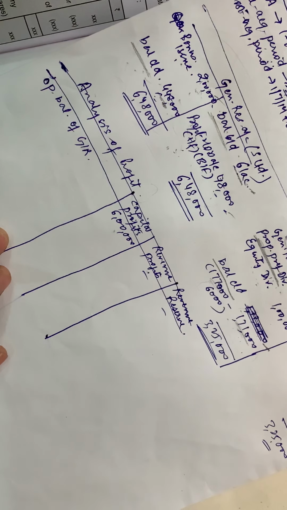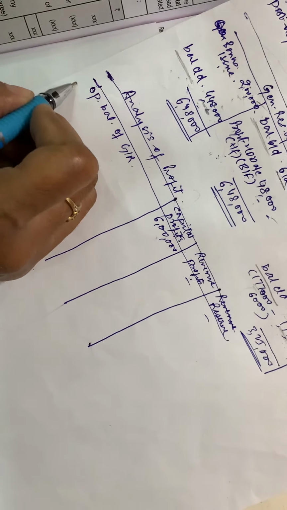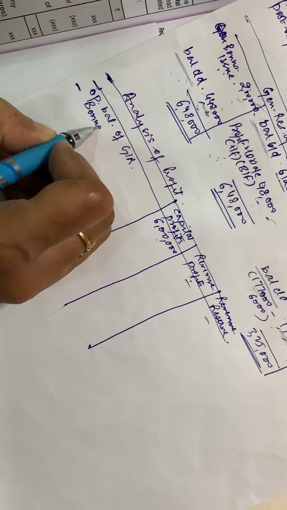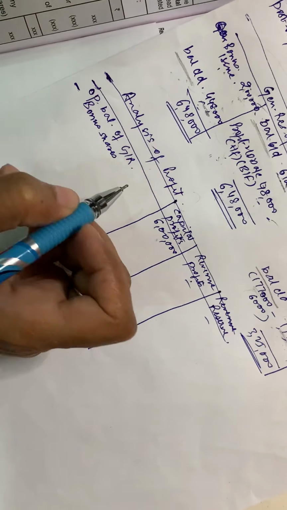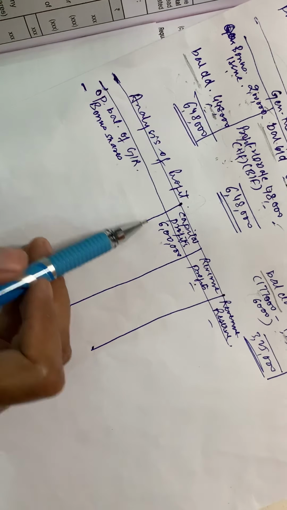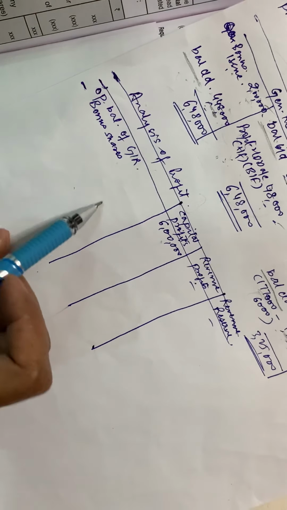Now we have over here, out of the 6 lakhs, we have utilized some part in issuing bonus shares. So this will reduce the capital profit to that extent, and our bonus shares in the cost of control account will increase.